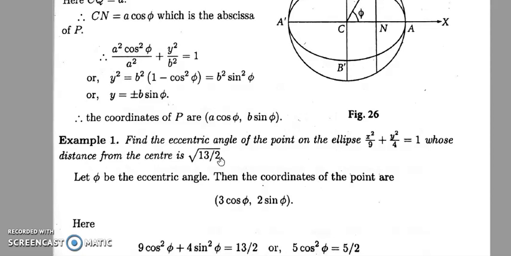So phi be the eccentric angle of the point P. അങ്ങനെയാണെങ്കിൽ by this derivation, coordinates of P are going to be, so here A is 3 and B is 2. The coordinates of P will be 3 cos phi and 2 sin phi. ഇനി നമുക്ക് Pയുടെ കോർഡിനേറ്റ്സ് കിട്ടി. അങ്ങനെയാണെങ്കിൽ യൂസിങ് ഡിസ്റ്റൻസ് ഫോർമുല you can find the distance from the center to the point P.